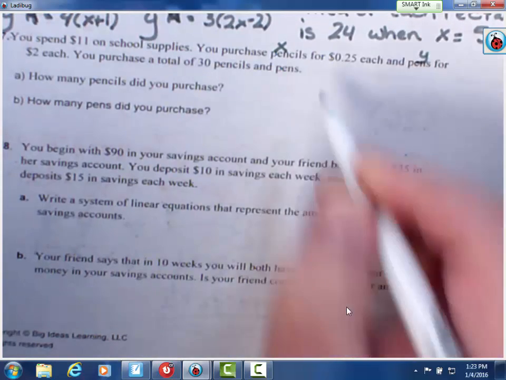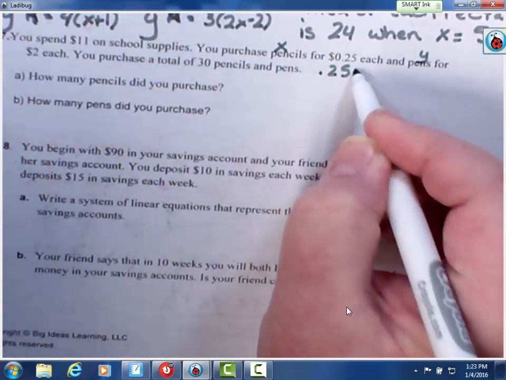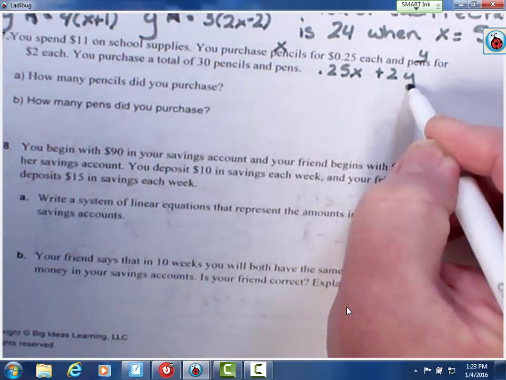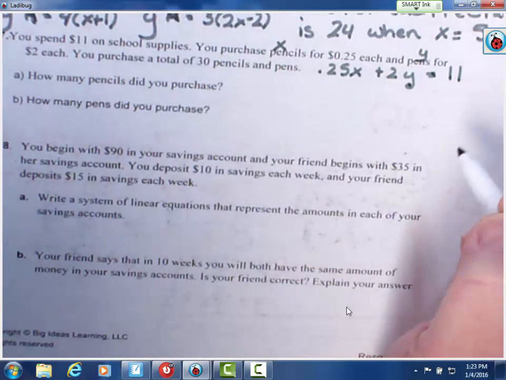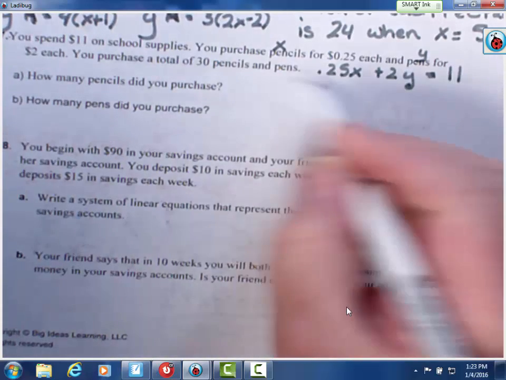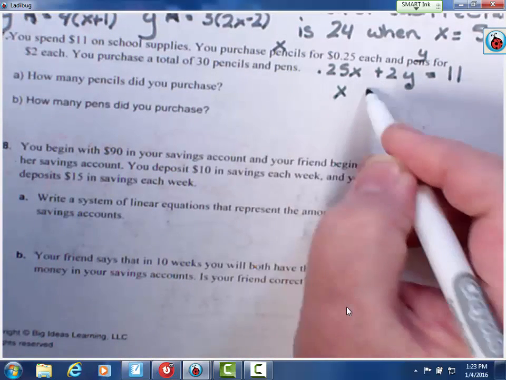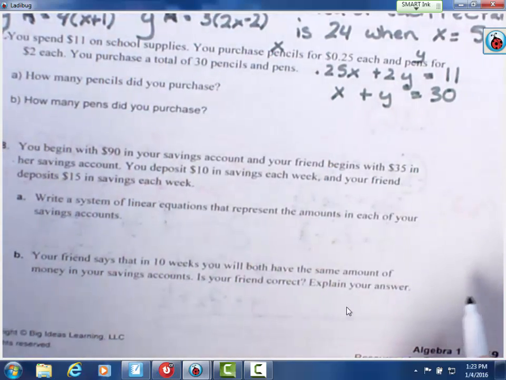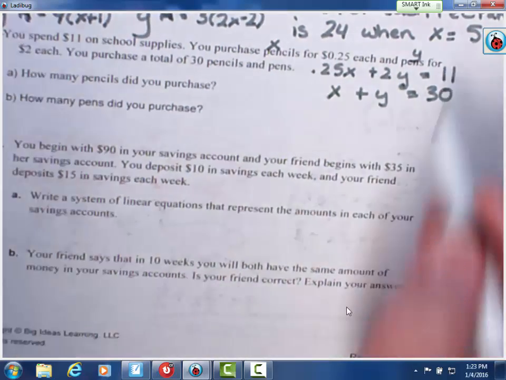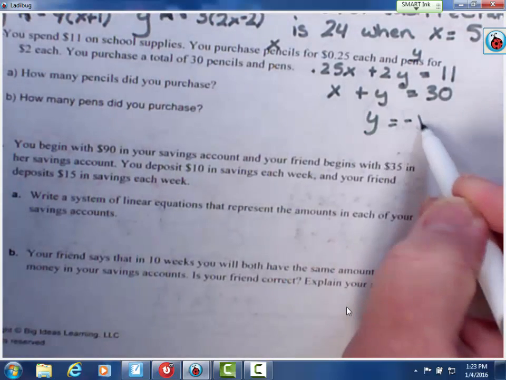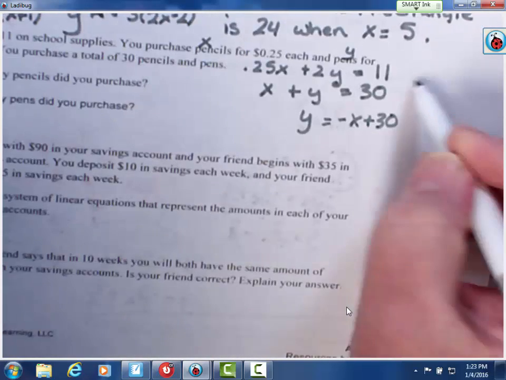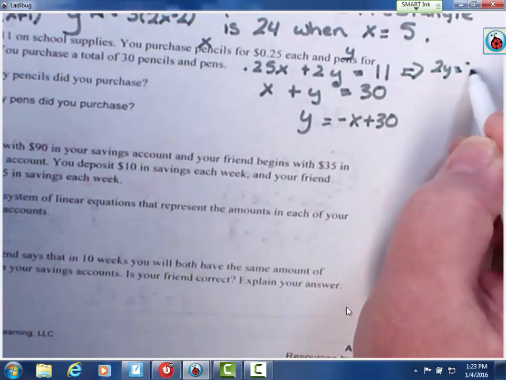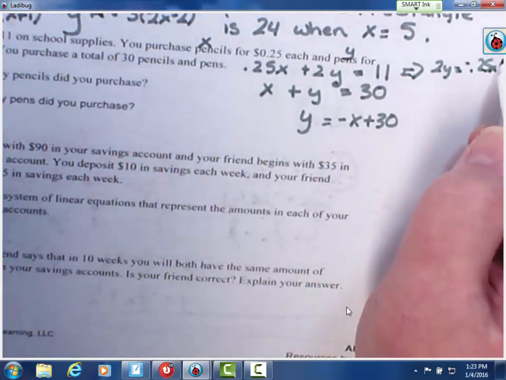All right, so I have 25 cents per each pencil and $2 for each pen, and I spent $11. I bought 30 pencils and pens, so X plus Y equals 30. All right, so now I could solve these for Y, right? Y equals negative X plus 30. And this one would be, let's see, 2Y equals negative 0.25 X plus 11.